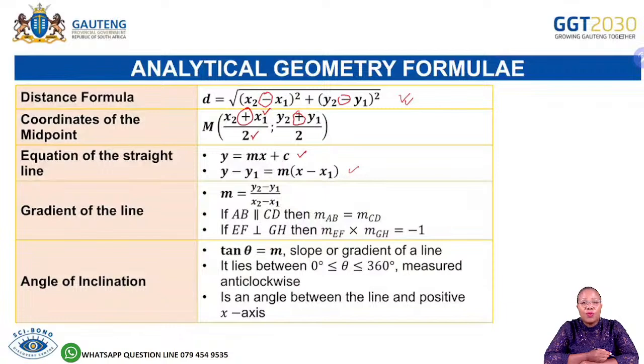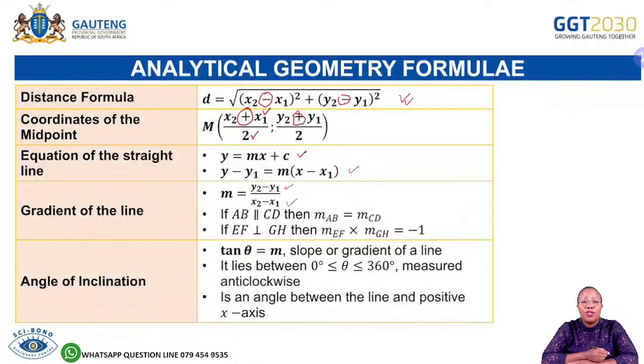Moving on to the gradient of a line. A gradient will either be an average gradient or the gradient of a line. It must be between 2 points. To calculate the gradient, you also need 2 points because you are calculating (y2 minus y1) over (x2 minus x1). So the gradient is equal to the change in y over the change in x between 2 points.